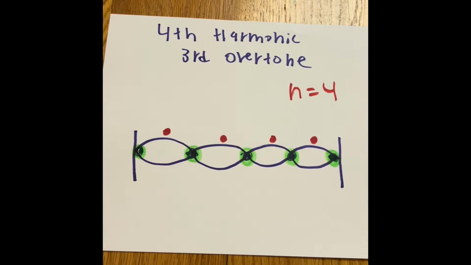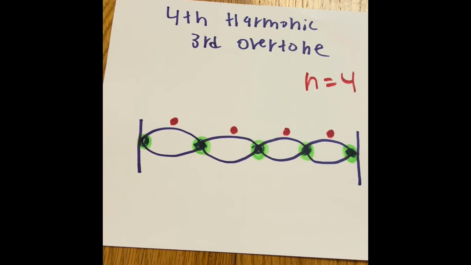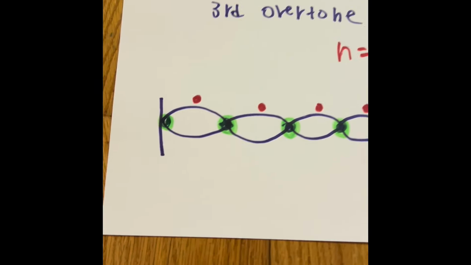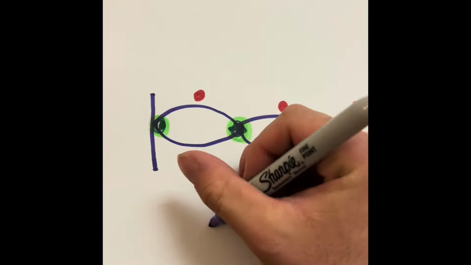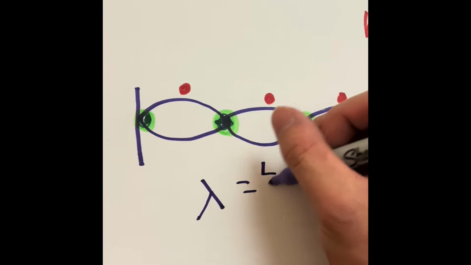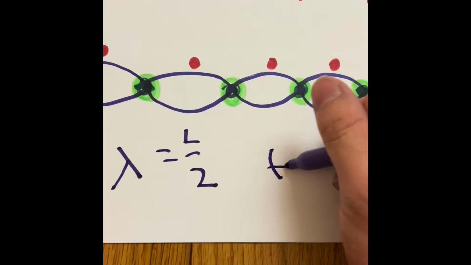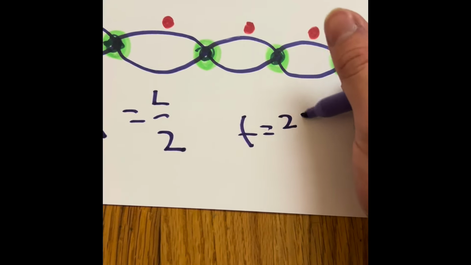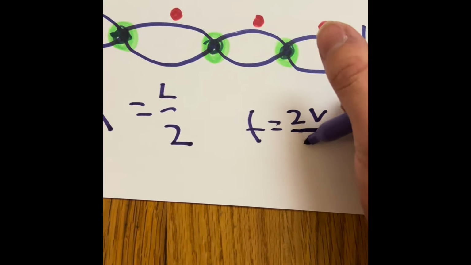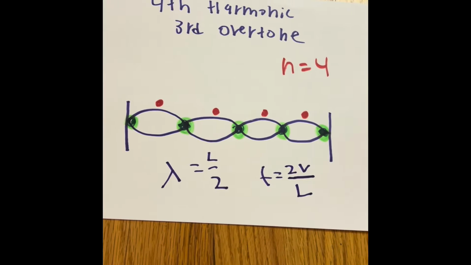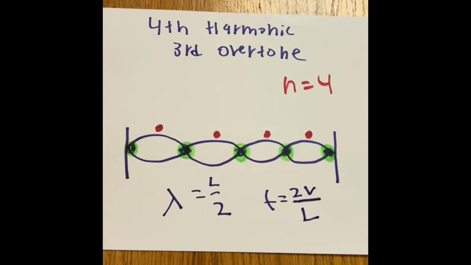If you were to use a formula for this, then we are going to write the wavelength equals the length divided by 2. And we are also going to use the frequency equals 2 times the velocity divided by the length. So that is for the fourth harmonic or third overtone.